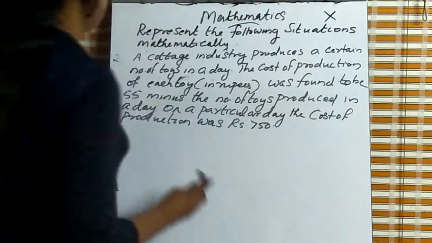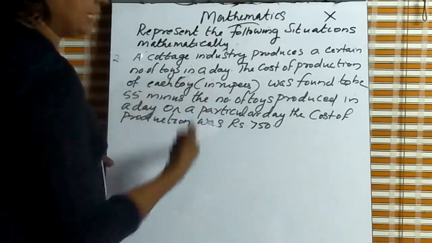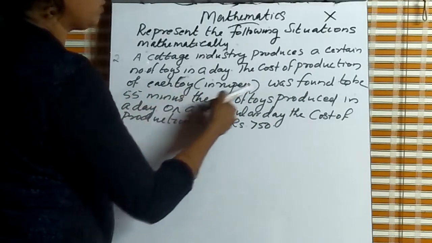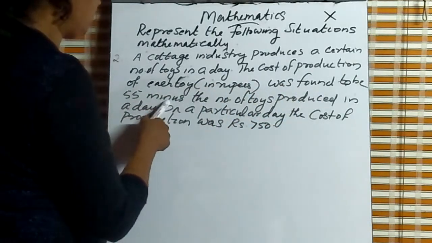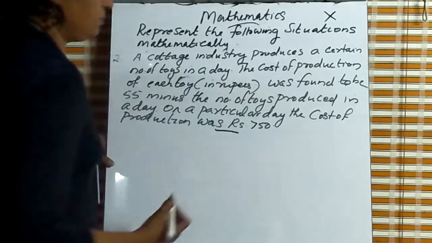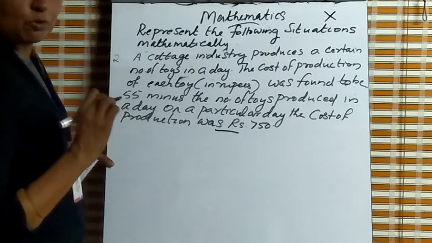Read the question. A cottage industry produces a certain number of toys in a day. The cost of production of each toy in rupees was found to be 55 minus the number of toys produced in a day. We assume the number of toys produced in a day is equal to x.